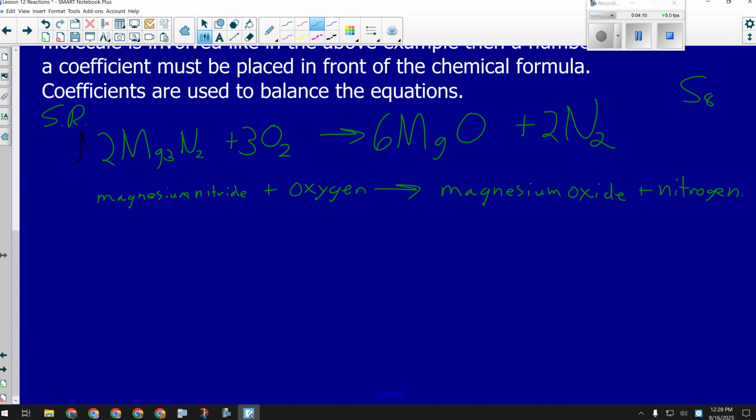Let's go with... Same 3 things. Balance it, give me a reaction type, and write it out in words.